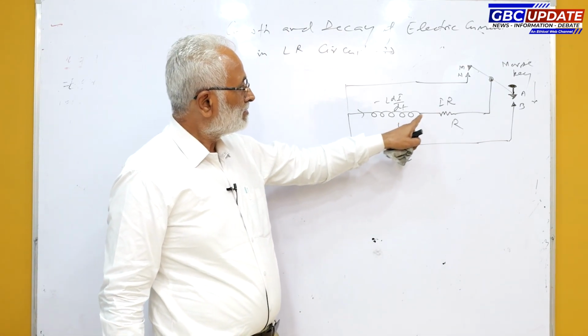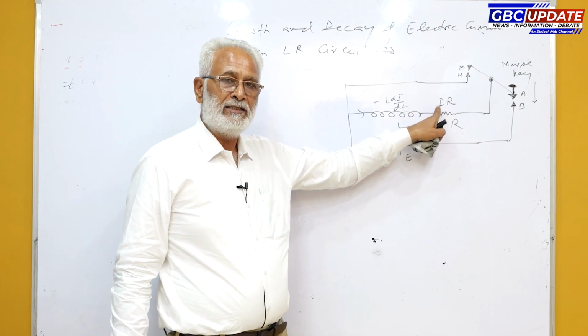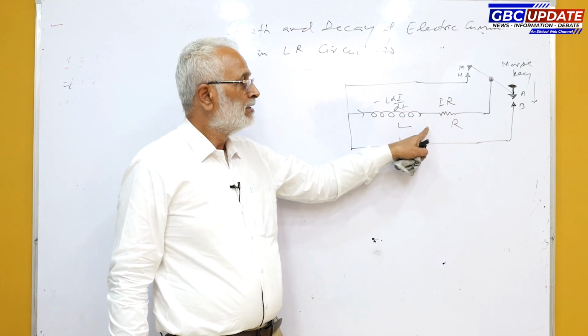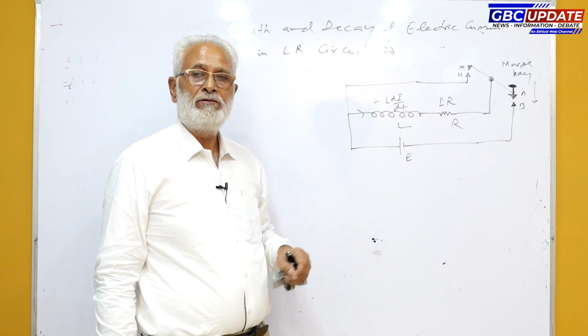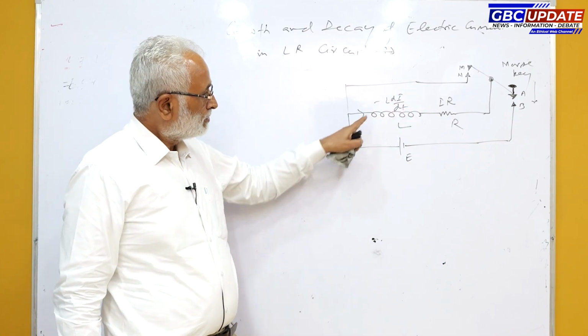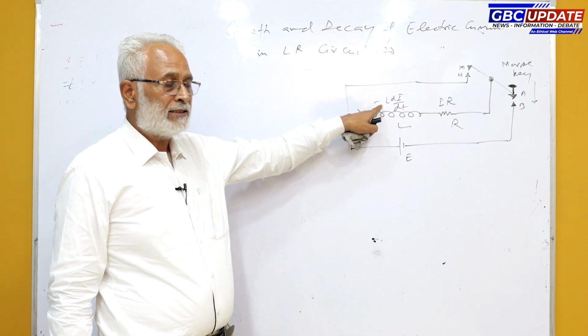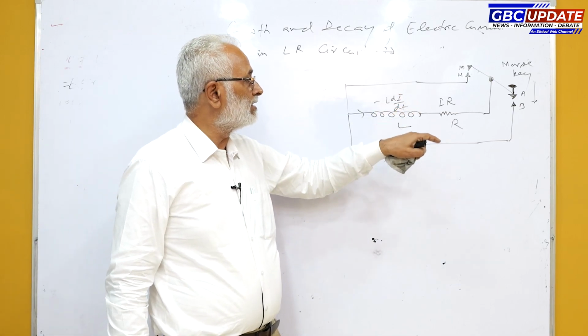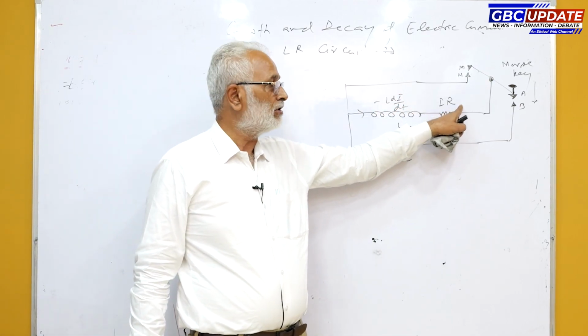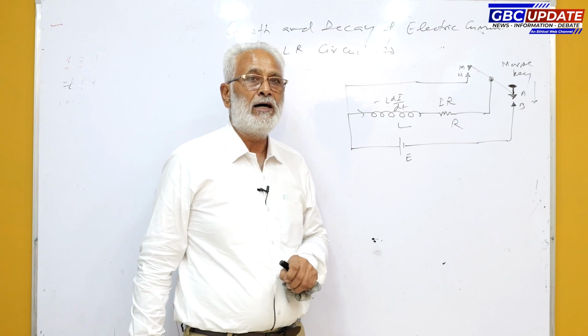At any time, suppose I is the amount of electric current flowing through this circuit and is changing at the rate of di by dt. So, induced EMF produced in the inductor is minus L into di by dt, and the potential drop across resistance is equal to IR.